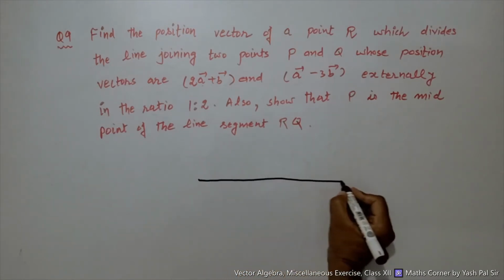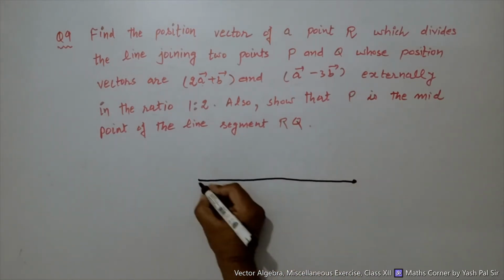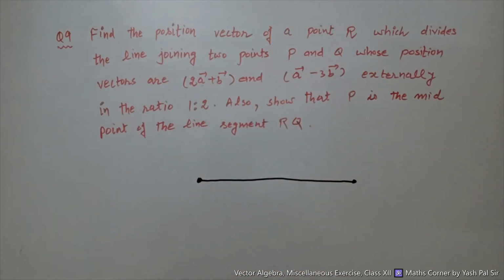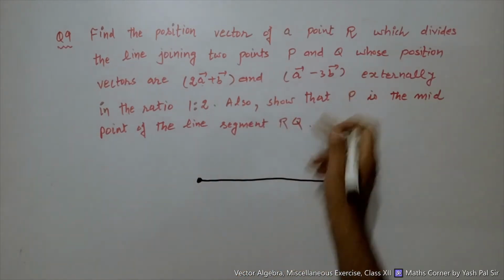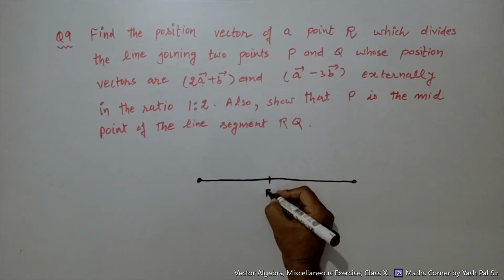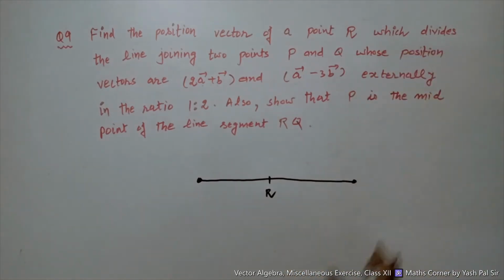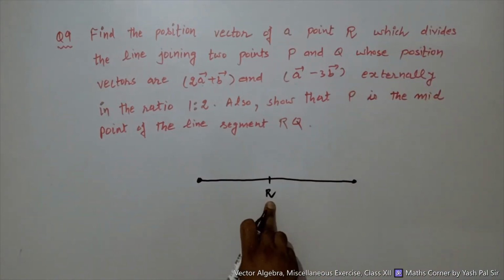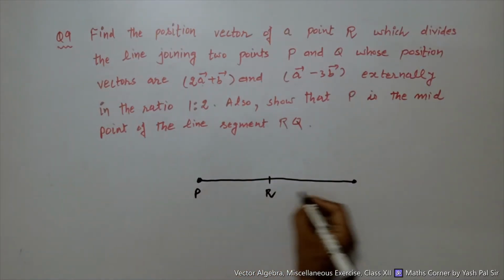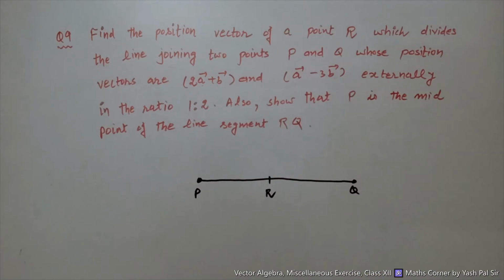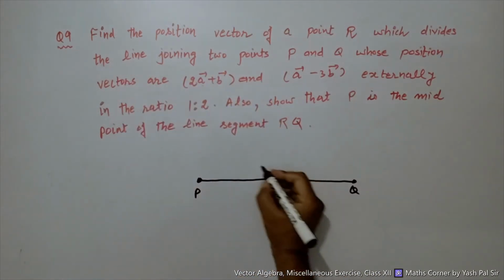So first of all, suppose we are given two points. This is the rough diagram. Suppose I take R in between. Instead of taking an external point, I am taking an internal point. Okay, rough idea. So this is P and this is Q, right?